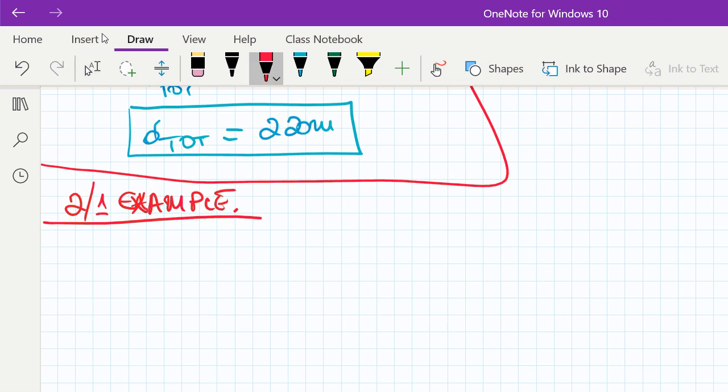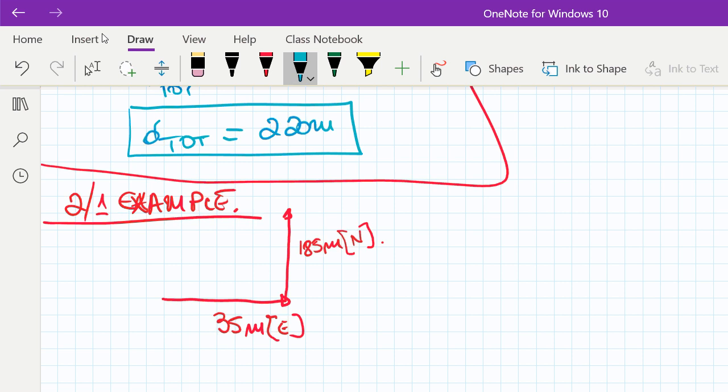We have 35 meters going east, and then 185 meters going north. The total displacement is this one here. If we're finding the total distance, it will be again 35 meters plus 185 meters equals 220 meters.